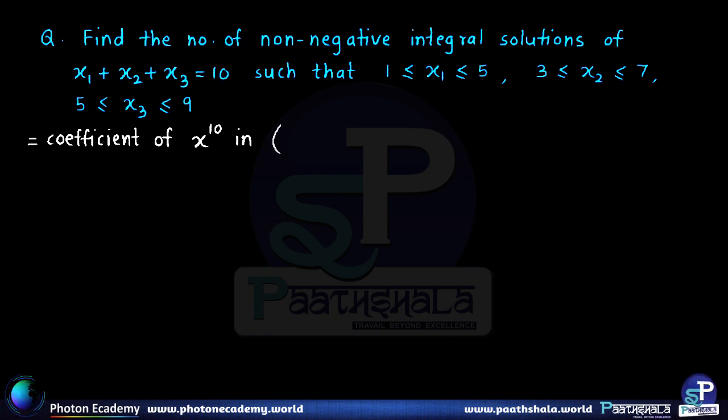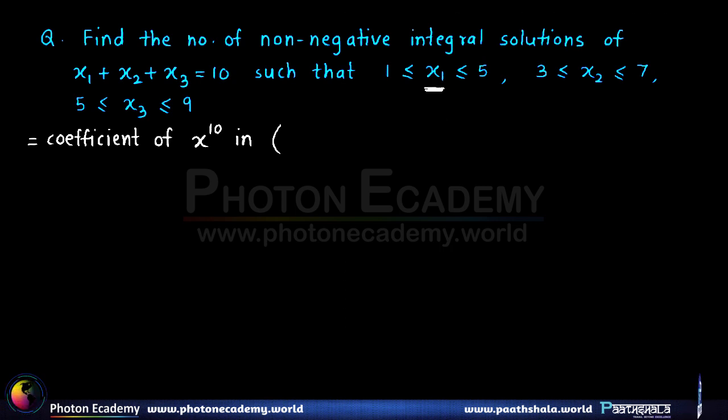Now the first variable is x1 whose lowest value is 1 and the highest is 5. So while writing the powers, we start off with the smallest power, that is x raised to 1 plus x raised to 2 and so on up to x raised to 5.